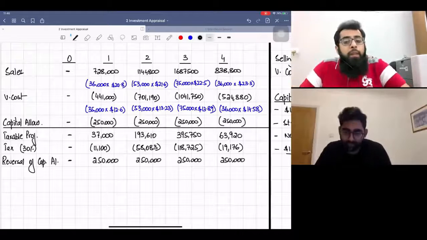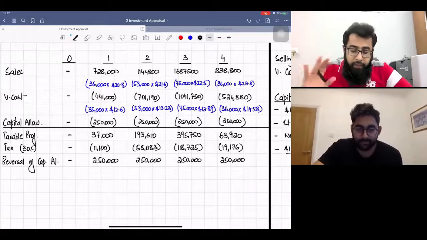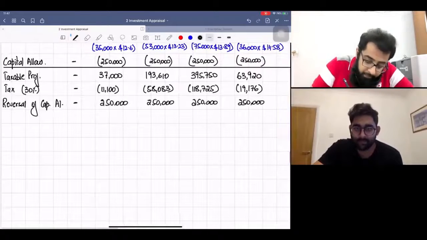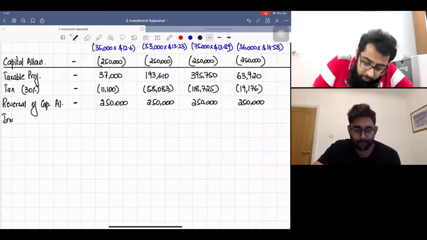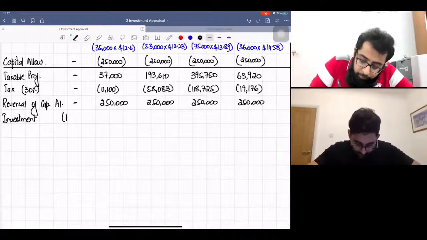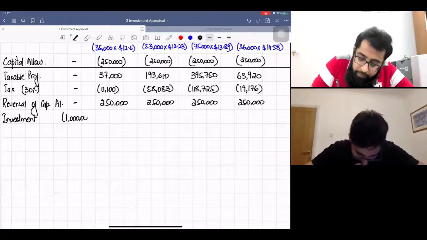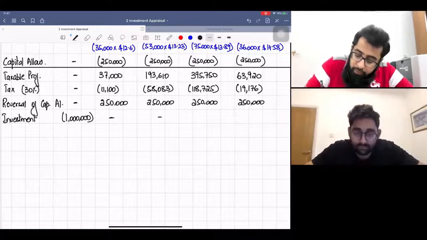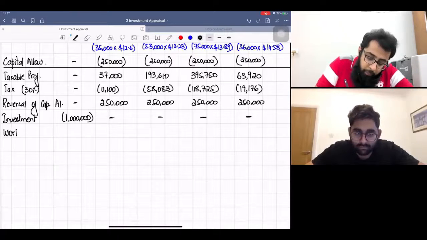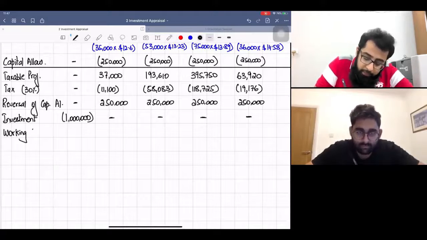So now we are done with the tax, and now the thing we have to look at is the investments. The initial investment which we will make is $1 million, which is in year 0. Now the most important thing for which we are doing this question is working capital.